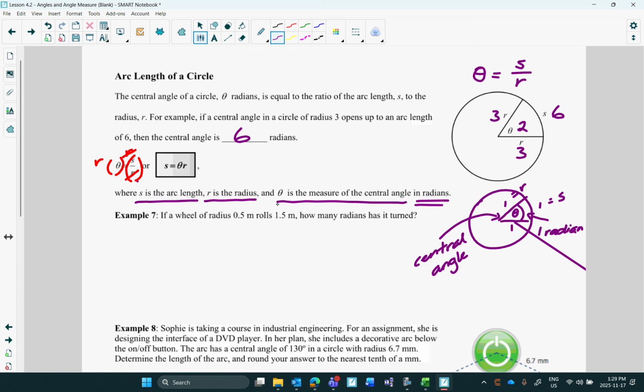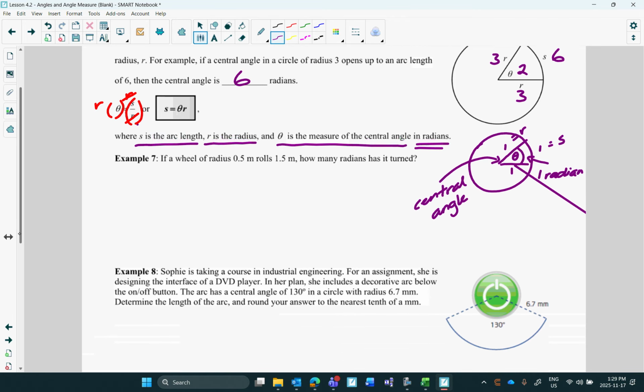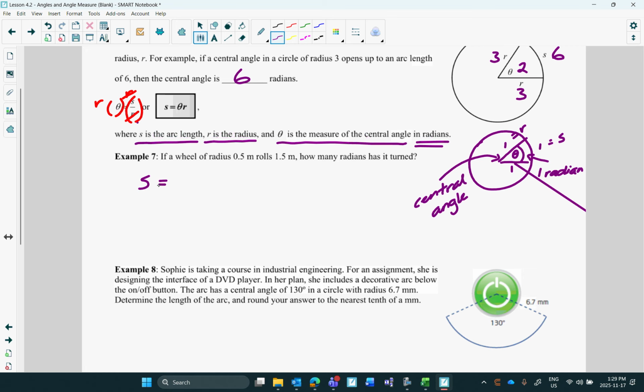So for example, we've got a wheel that has a radius of 0.5 meters and it rolls. That means that's the arc length, because it rolls a total distance of 1.5 meters. How many radians has it turned? Well, we use this formula. Do I know what S is, the arc length? How much it's turned? 1.5.